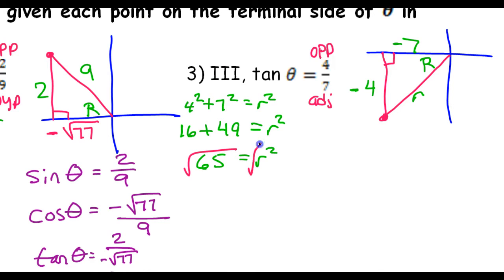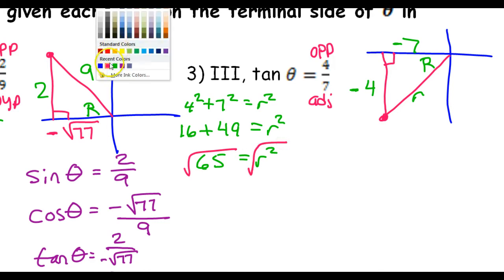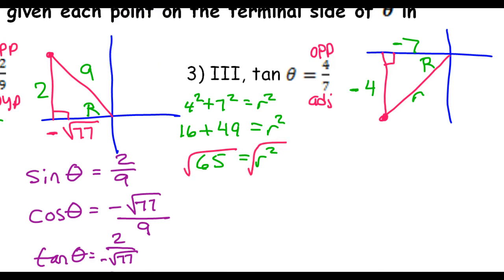And take the square root of both sides. Okay, so let's say the square root of 65 is r, the radius. So let's put that in the picture. Remember, the hypotenuse, the radius here is always positive.